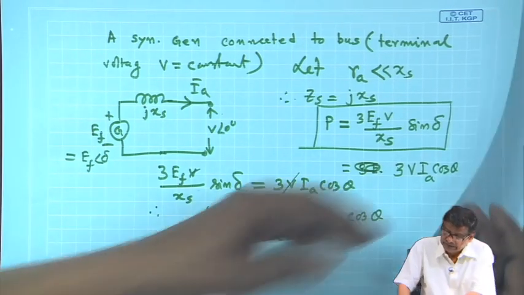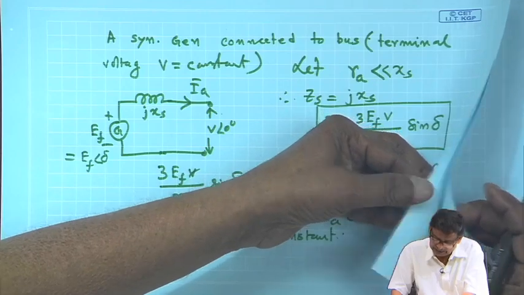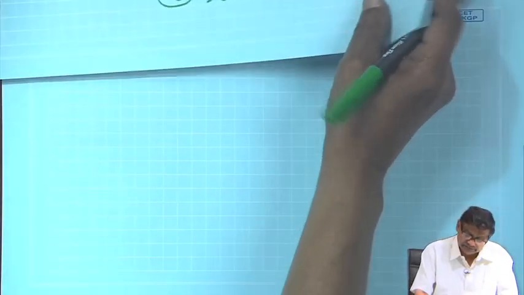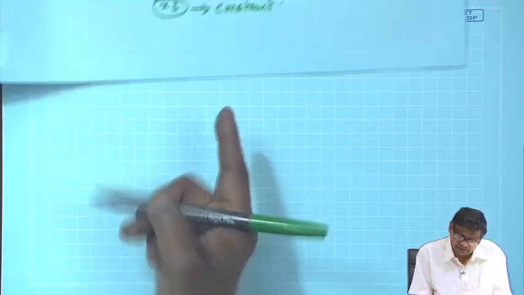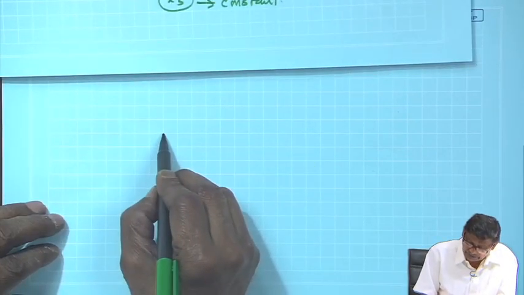Suppose the machine is operating at lagging power factor, then I will draw it. Only one thing I will tell, and then today I will conclude. It is very rough, but get the idea.